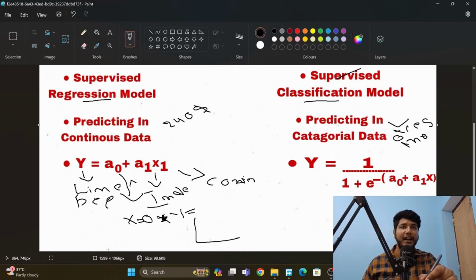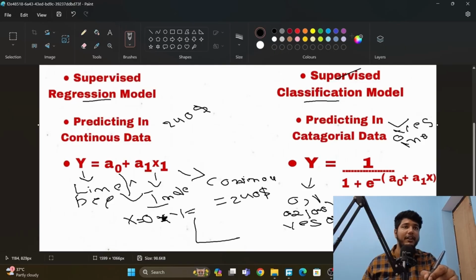For example, the RTX graphic card example which we were selling, we got $240 as the result value. But here, by using this equation, we get a value between 0 and 1. It could be near to 0, like 0.2, or it could be near to 1, like 0.8. So yes or no, also binary. So that is categorical data.